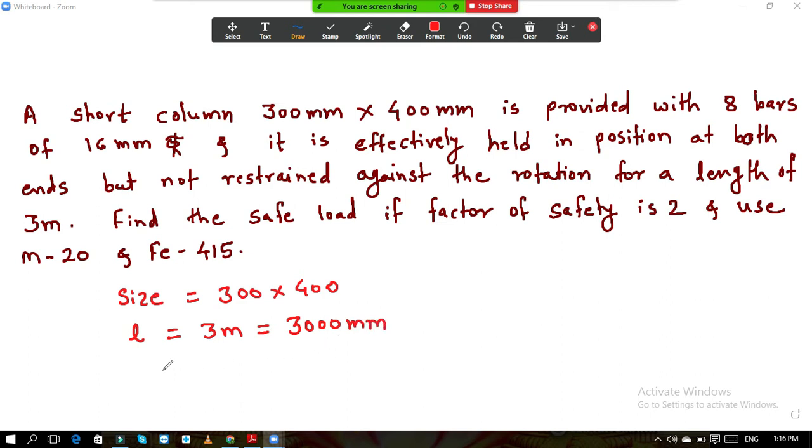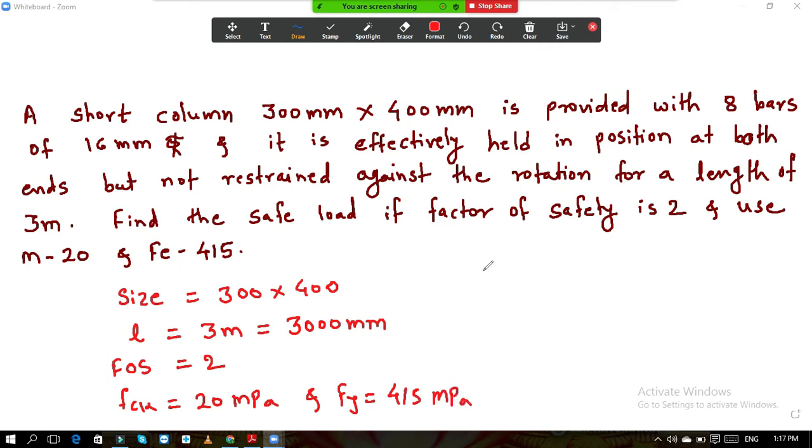Then factor of safety is 2. After that fck is 20 Newton per mm square, and fy is 415 Newton per mm square.